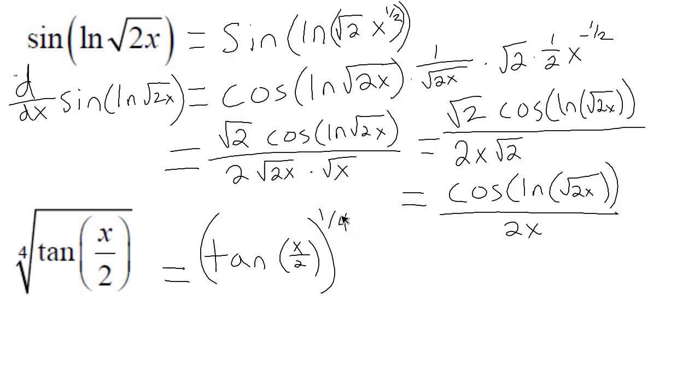So what is then my shell, or my outer function? 1/4 power. Are we all okay with that? Yes, no, maybe. So stuff, or u, to the 1/4 would be your outer shell.